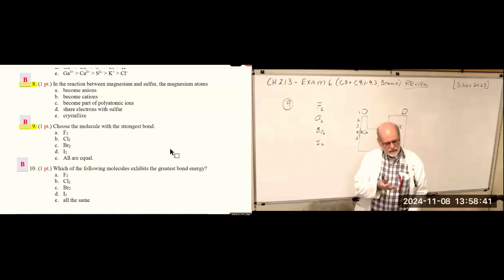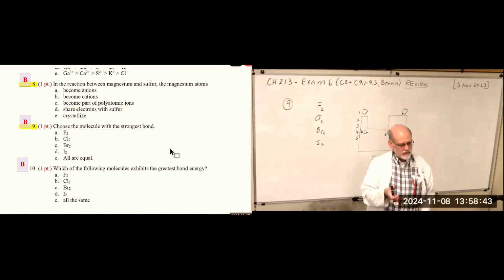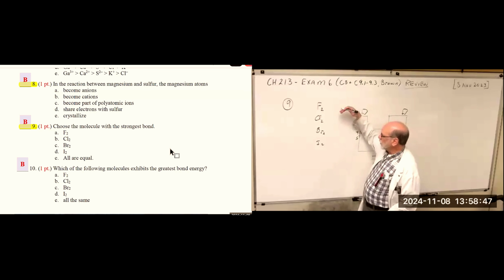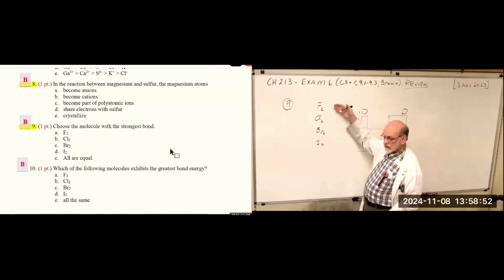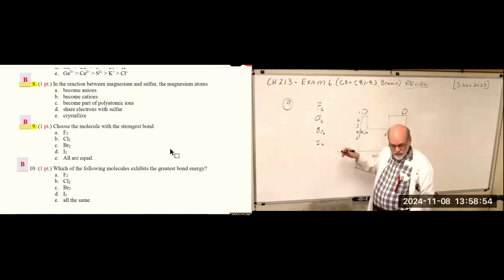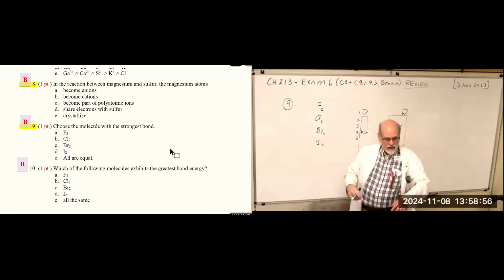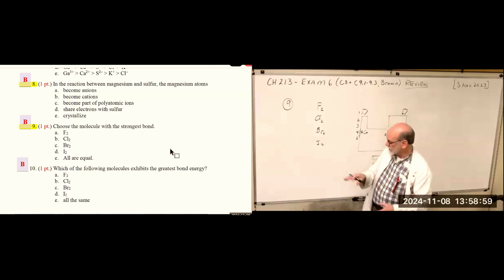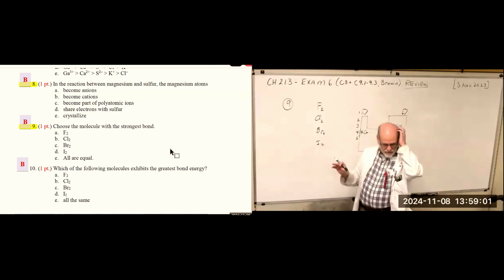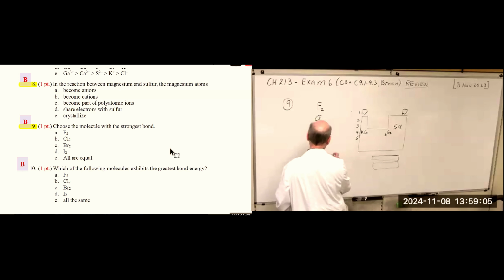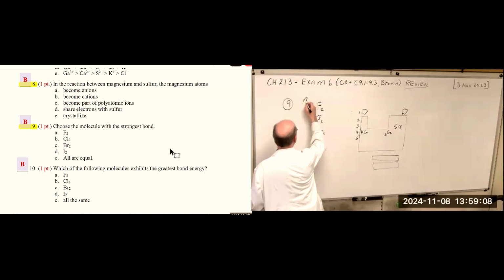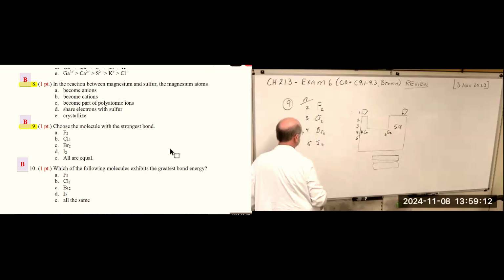And the strength of a bond is related to the overlap of orbitals. The valence orbitals for these are getting bigger. The valence orbitals for iodine are going to be principal quantum number 5, and then 4, 3, 2.